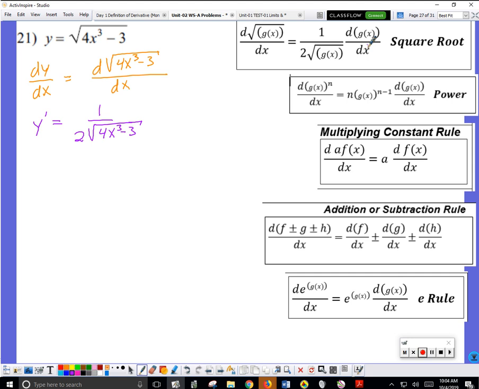So I'm starting with the square root of something, something being 4x cubed minus 3. The last part of the rule is always d over dx of that same something. Most of the rules follow that pattern, so that one's easy to memorize.